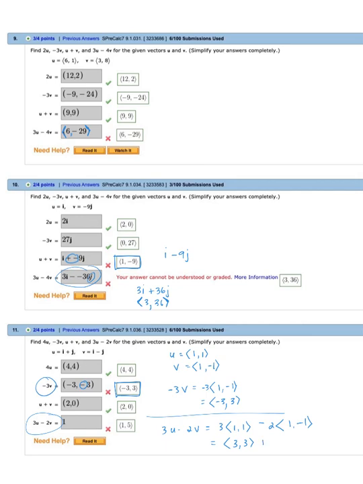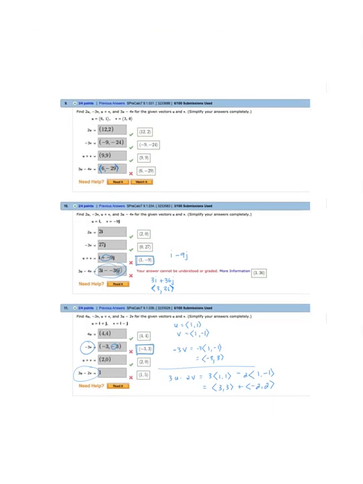Distributing the negative 2, we would get negative 2 and positive 2. And then we'll just add those x's: 3 plus negative 2, 3 plus positive 2, and so then that would give us 1 and 5. You just forgot the 5 there.